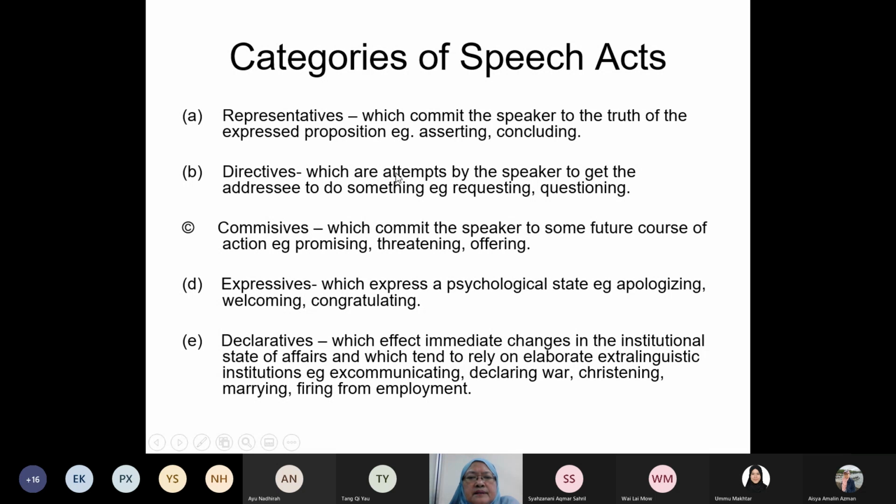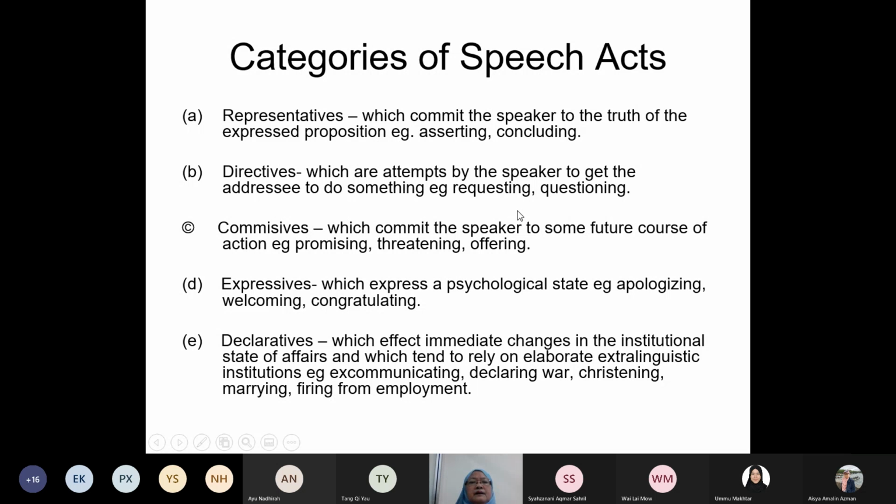Okay, directives. Directives are attempts by the speaker to get the addressee to do something, for example requesting, questioning. You say something and you expect the other party who's listening to do something. That utterance, the speech act, is actually imperative, right? If a directive is an imperative, then you are carrying out the speech act of requesting or questioning.